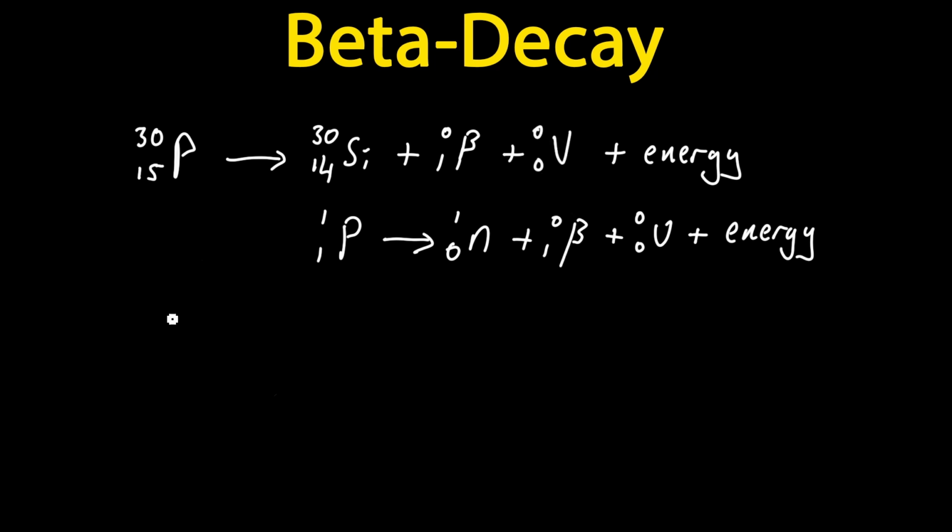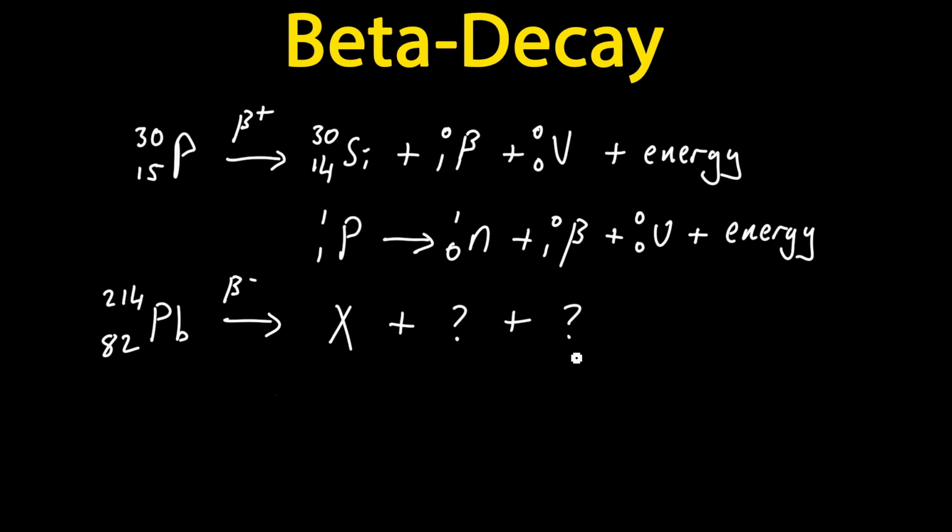So what if we have a lead nucleus with a mass number of 214 and a proton number of 82, and this undergoes beta negative decay? What type of element do we end up with, and what gets ejected from this lead nucleus?